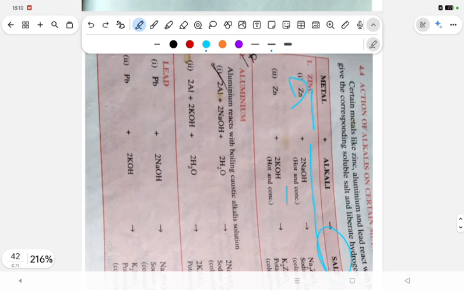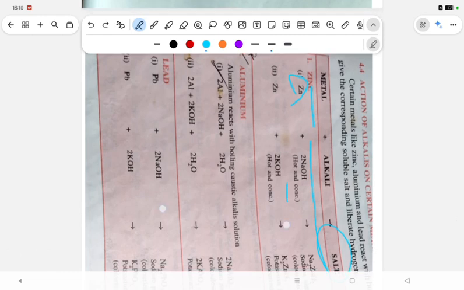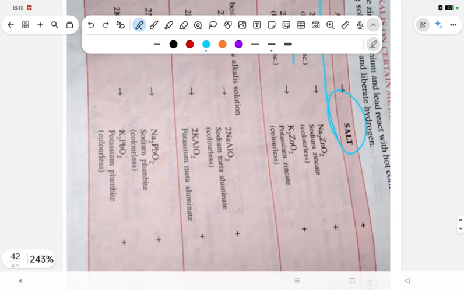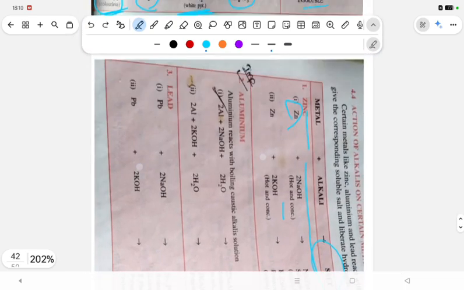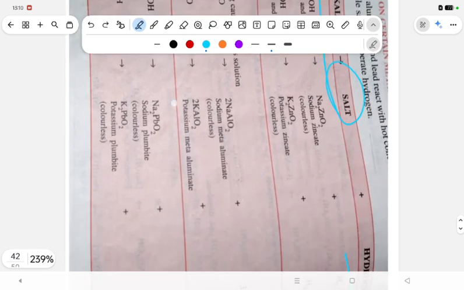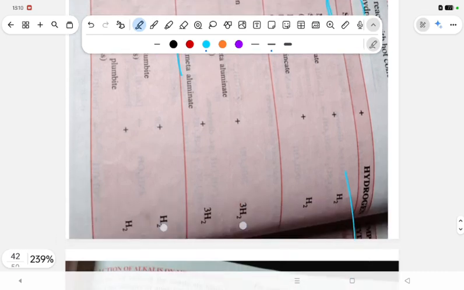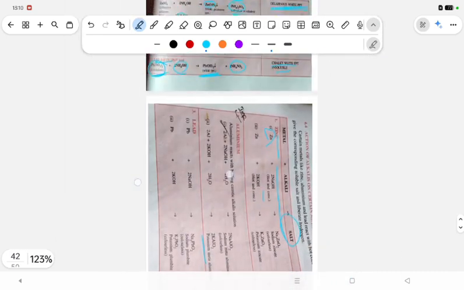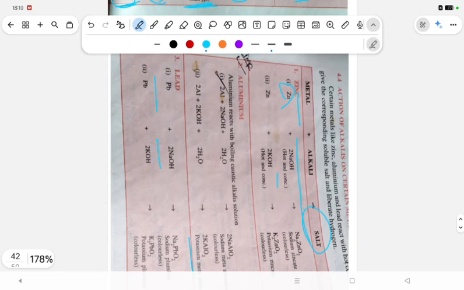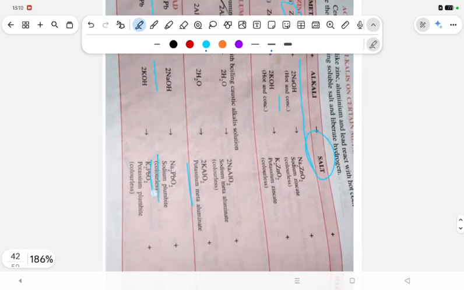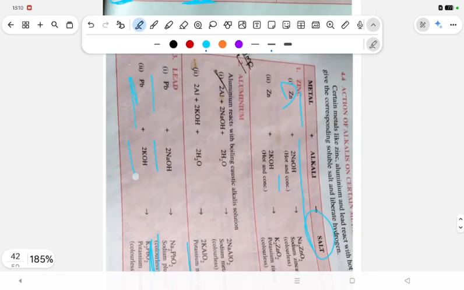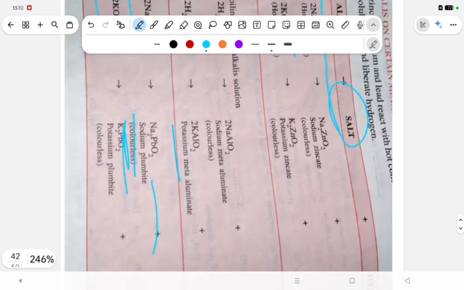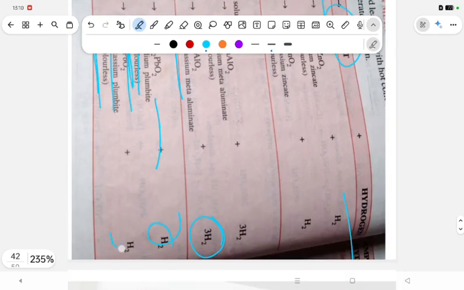Al plus NaOH plus water, it will form sodium meta-aluminate plus H2. Aluminium plus potassium hydroxide plus water will form potassium meta-aluminate plus 3H2. Lead plus NaOH will form sodium plumbate, colorless, plus H2. Pb plus 2KOH will form potassium plumbate, colorless, plus H2.